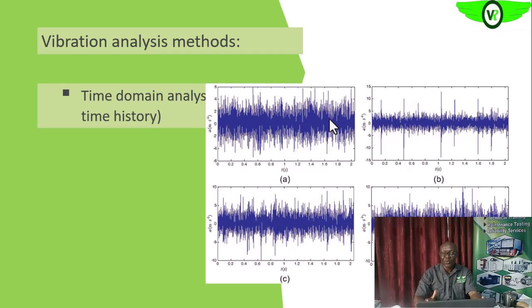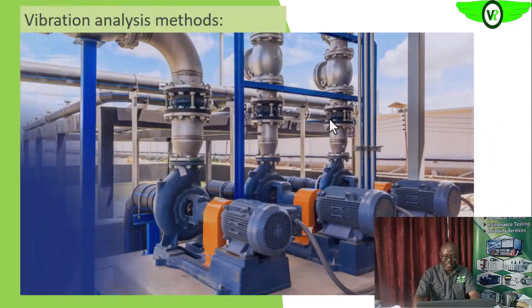Once there are changes or discrepancies, that will tell you something is going wrong. Remember, the baseline information is taken when the equipment is either new or newly overhauled, when it is working perfectly and correctly.